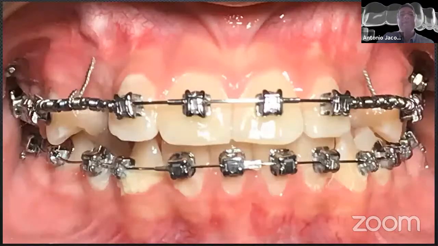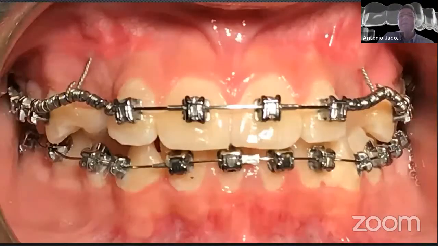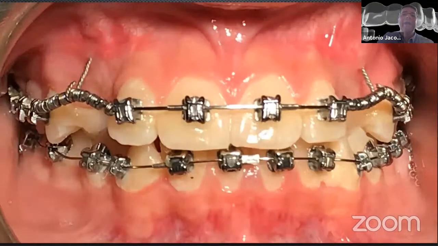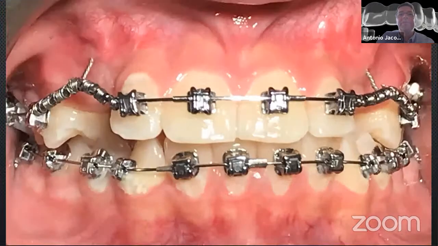So it works like this. You just use not too much force to erupt, and it will have a component of intrusion of these incisors a little bit, but it was working very nicely.